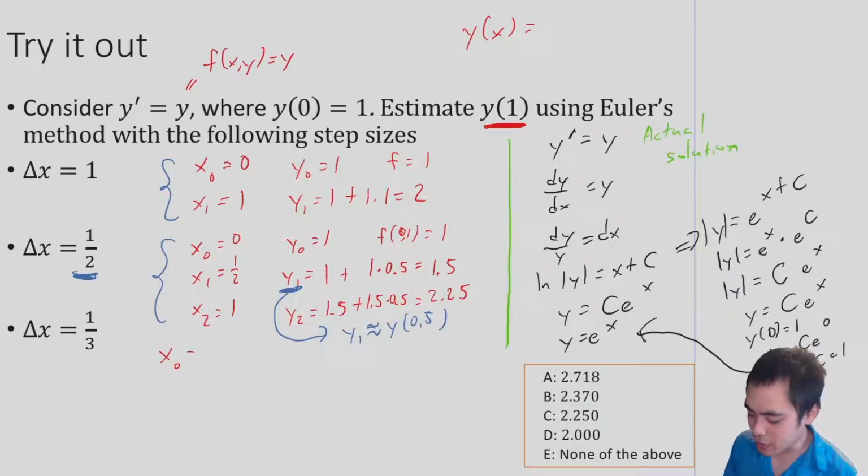So x0 is equal to 0, x1 is equal to 1/3, x2 is equal to 2/3, and x3 is equal to 1.